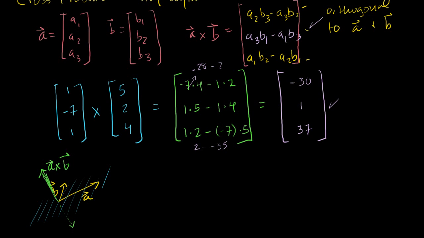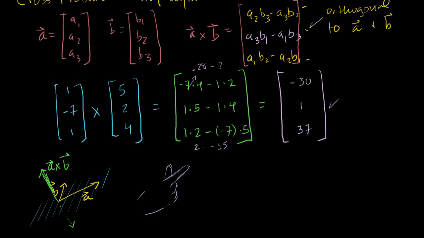The way I think about it is you take your right hand, and let me see if I can draw a suitable right hand. Point your index finger in the direction of A. And then I point my middle finger in the direction of B. So my middle finger in this case is going to go something like that.